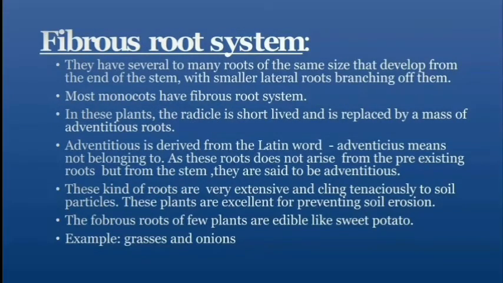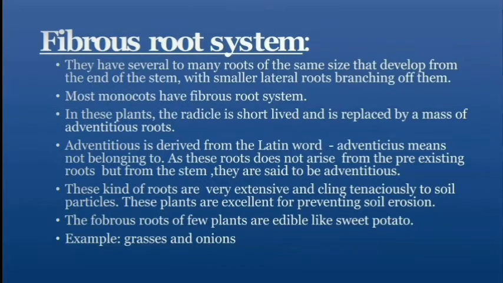Fibrous root system. A bunch of roots that are produced from the base of the stem in the form of fibers are called fibrous roots. Most of the monocots show a fibrous root system. In these plants, the radicle is short-lived and is replaced by a mass of adventitious roots.